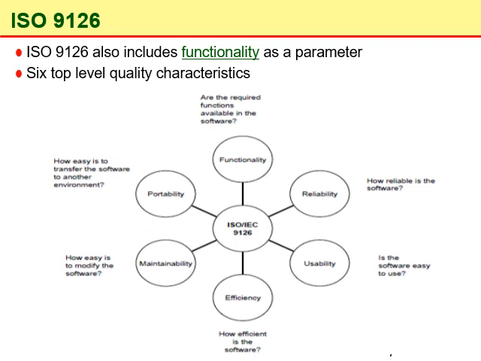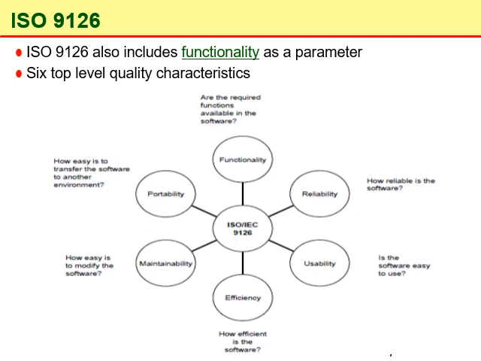The next quality definition model we discuss here is ISO 9126. This standard is also based on McCall's and Boehm's models. That is, ISO 9126 also provides a hierarchical framework for quality definition and provides quality characteristics that are further categorized into sub-characteristics.